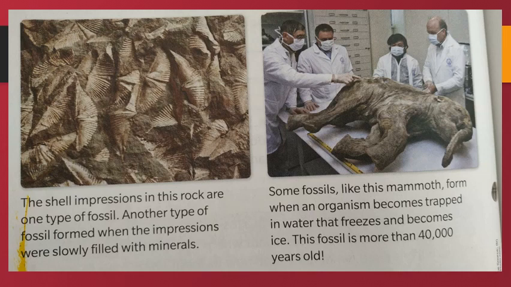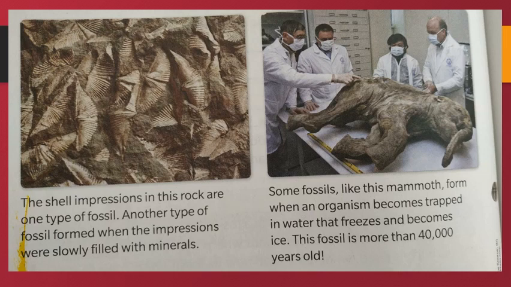Imagine how old it is. It looks like an elephant, right? A baby elephant. What happened is this baby elephant may have got trapped in water, and due to very cold conditions, it froze completely. It died and it froze.